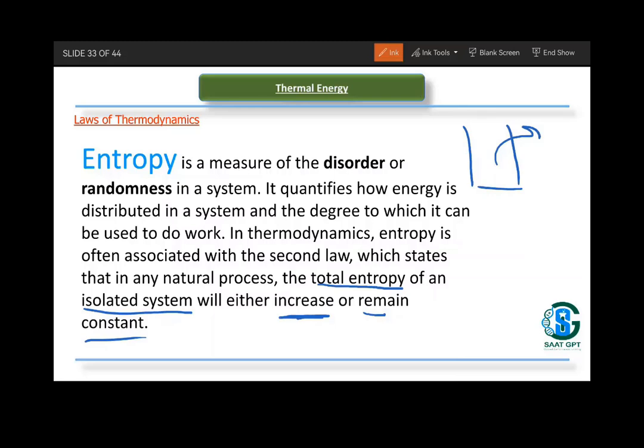So the disorder will not decrease, even to stay the same, unless you add heat to the system. Adding heat increases the entropy. Keeping the system isolated with no heat exchange will keep it constant.